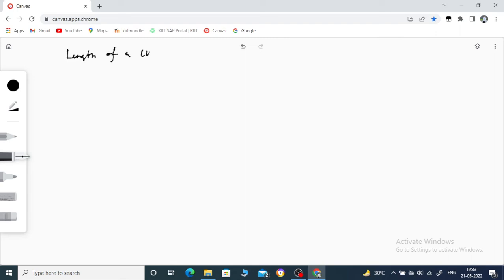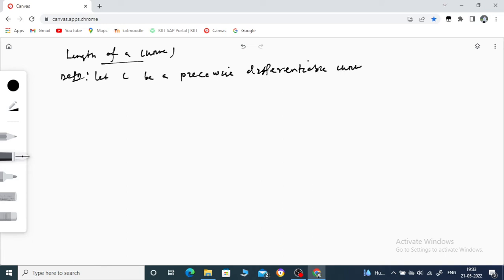Length of a curve. So how will we find the length of a curve? Now comes the definition. Let C be a piecewise differentiable curve given by z equal to z of t, where z is a function of t and t varies from a to b.